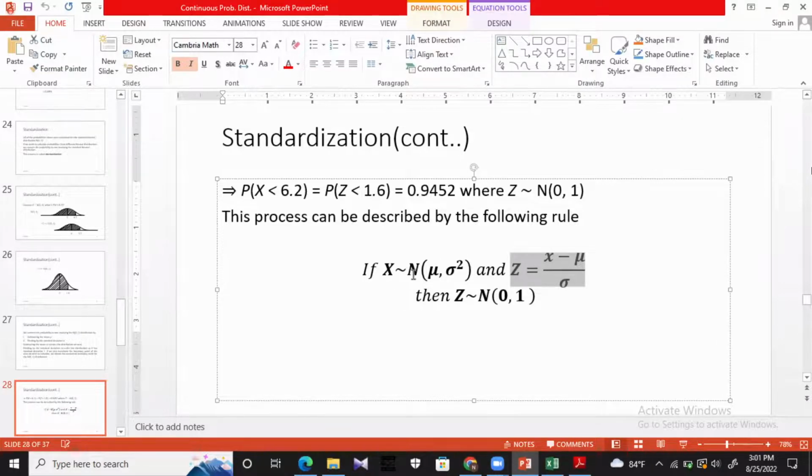Previously, x follows the normal distribution with mean mu and variance sigma squared. Now it follows the standard normal distribution with mean 0 and variance 1. After you standardize this x into z, you have the opportunity to use the standard normal table to find the required probabilities of x.